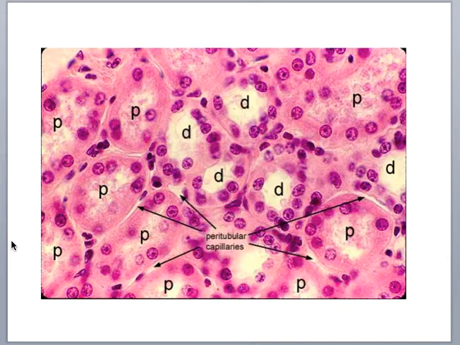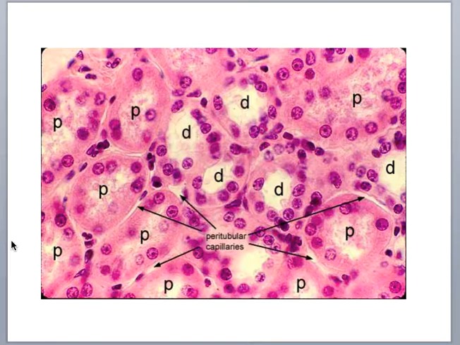So how do you tell the difference between proximals and distals? Well, I already mentioned that the first step in urine formation is filtration. You have to filter the blood and stuff has to be pushed out and become filtrate. The way the kidneys work is they dump a whole lot of stuff into the filtrate and then decide what they want to keep and what they want to get rid of.